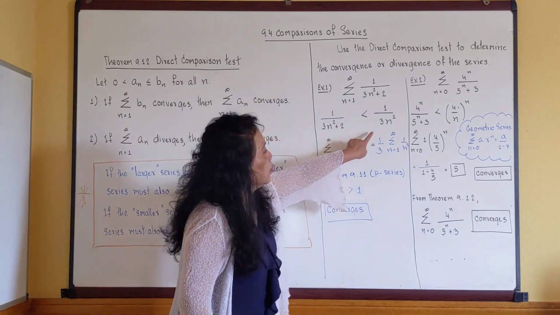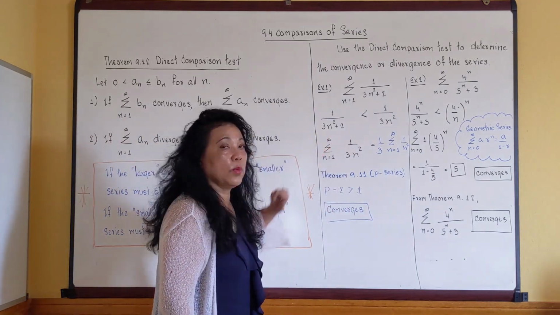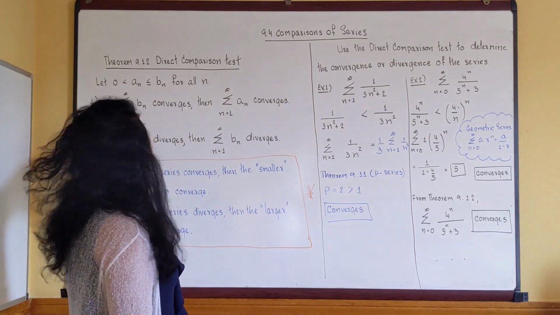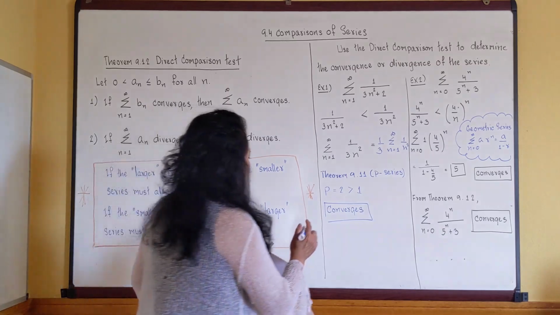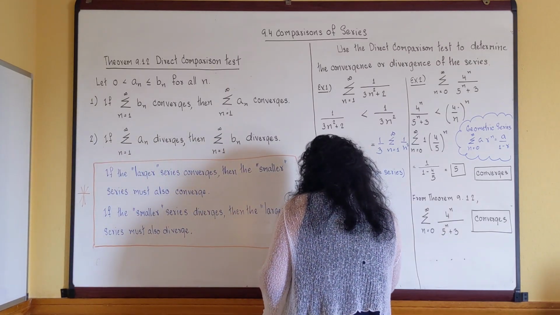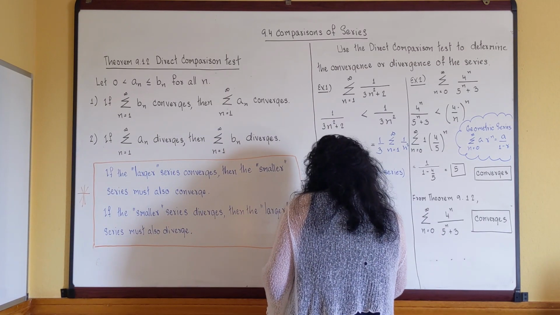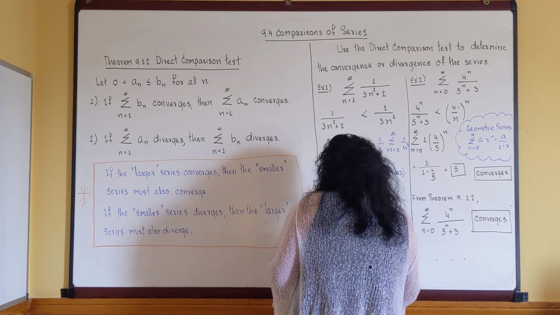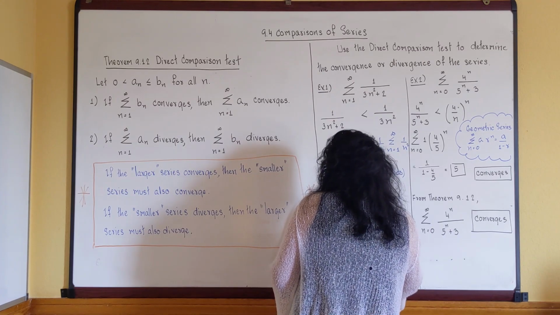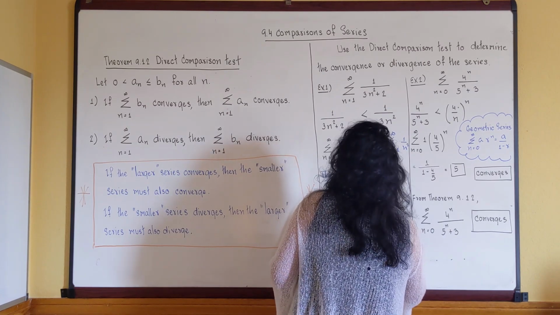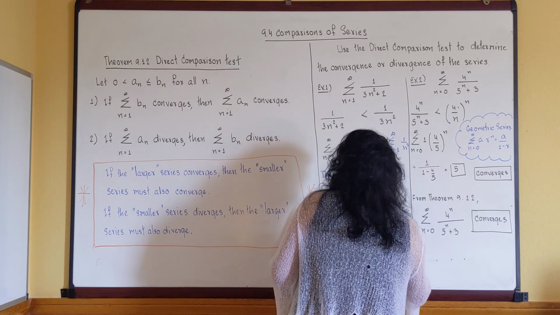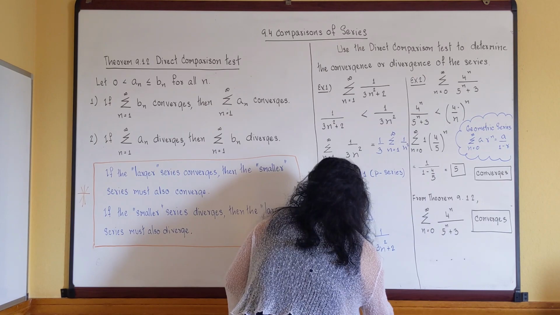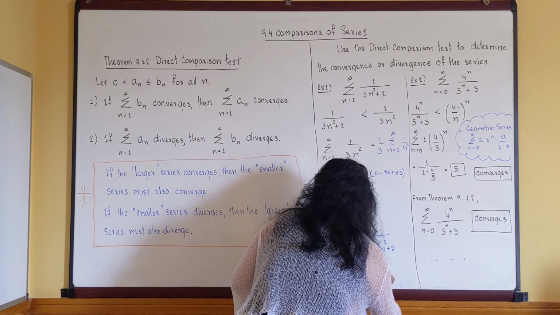Again, if the bigger one converges, the smaller one must converge from the first property, theorem 9.12. Therefore, sigma n from 1 to infinity of 1 over 3n squared plus 2 also converges.